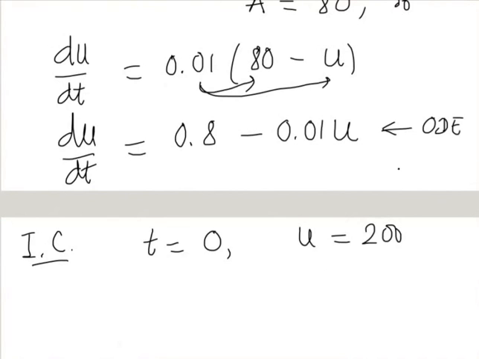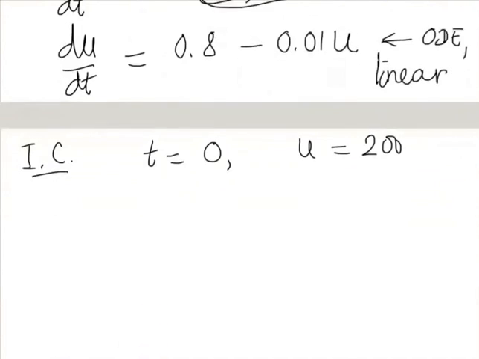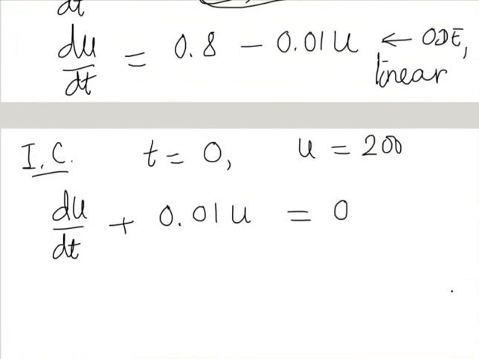How do we solve this equation? What type of equation is this? This is a linear equation, because we can rewrite it as du dt plus 0.01 u equal to 0.8.